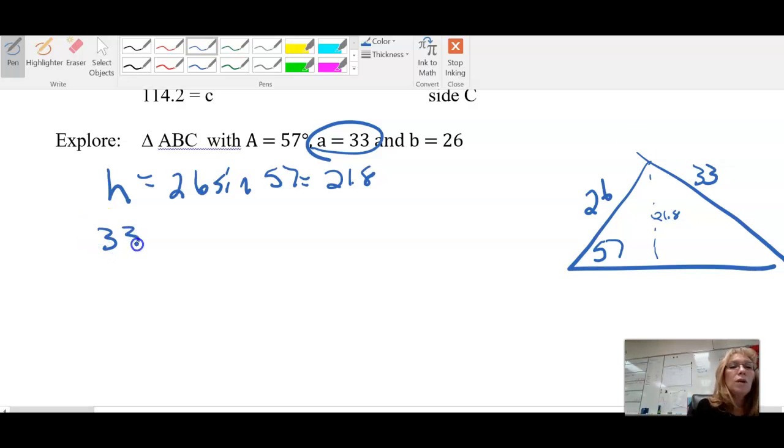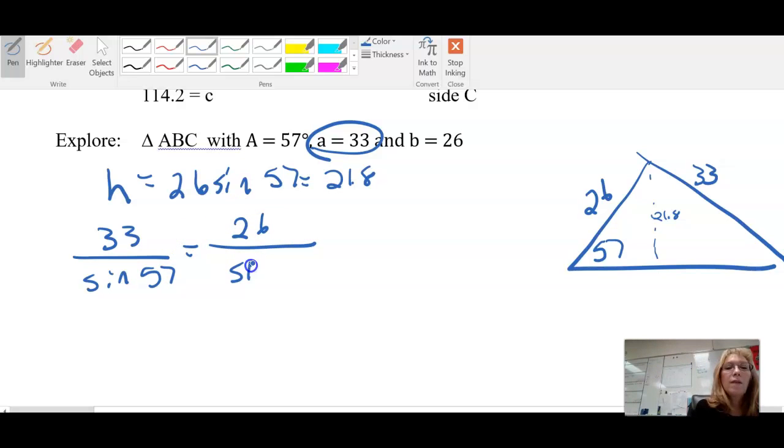So now let's do 33 over the sine of 57 equals 26 over the sine of B. Calculate this out.